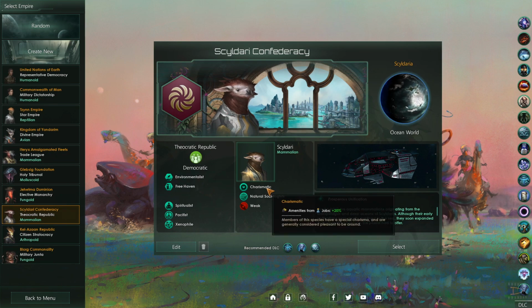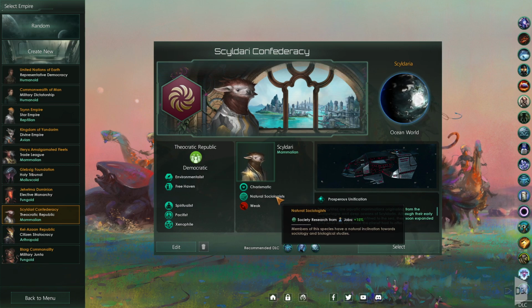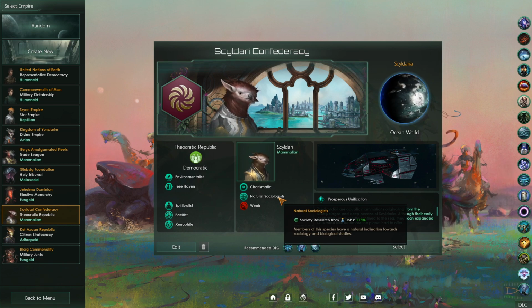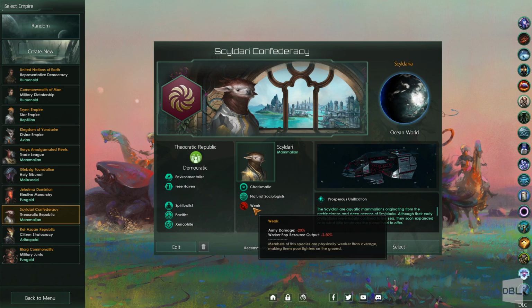Charismatic. Amenities from jobs plus 20. Members of the species have special charisma and are generally considered pleasant to be around. They kind of look like a sloth bat. Natural sociologist. From jobs, plus 15%. Members of the species have a natural inclination toward sociology and biological studies, but they are weak.